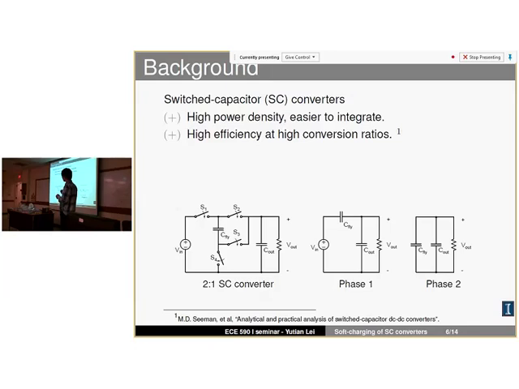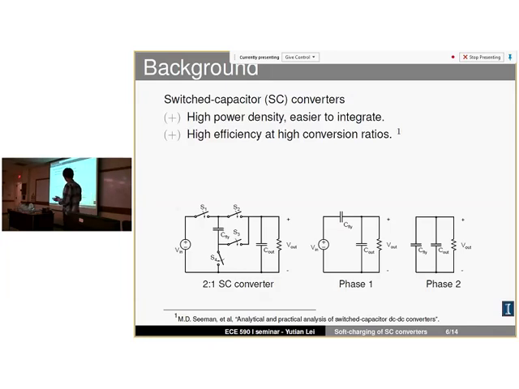If you compare that with the buck converter, whose switches have to block the full input voltage, these switches can be made smaller and can be switched at a higher frequency. And at high conversion ratios, this advantage is even magnified, because the switches only really have to block a fraction of the input voltage. And this actually has been shown by Dr. Seeman there.